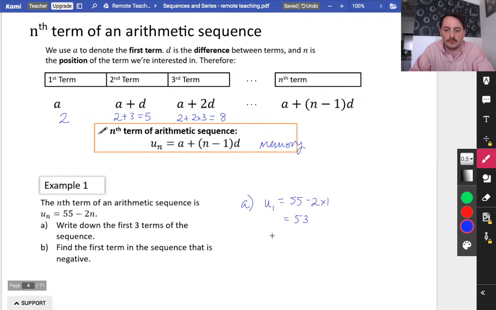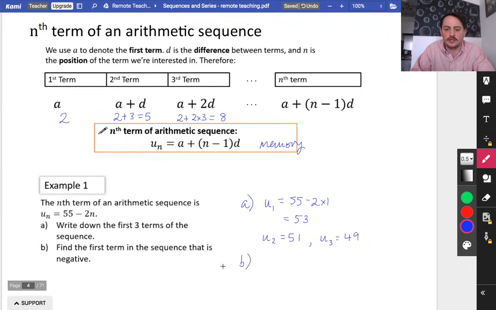Then we can probably do the other ones without writing out all the substitutions. This time it's 55 minus 2 times 2, which is 55 minus 4, which is 51. Because it's an arithmetic sequence, you can spot each time it is just going down by 2, so the next one is going to be 49.